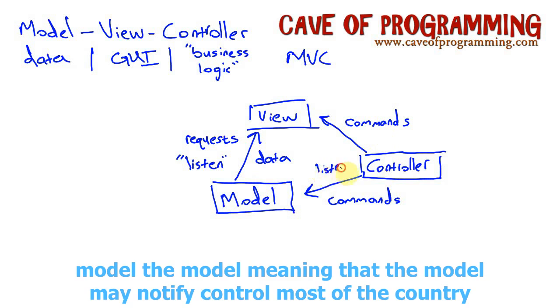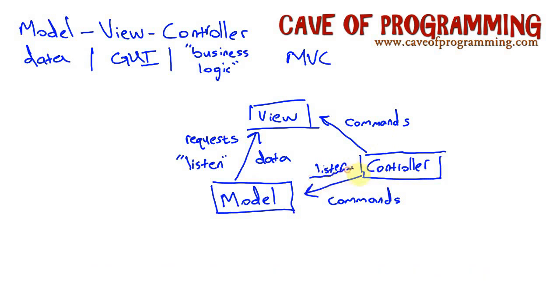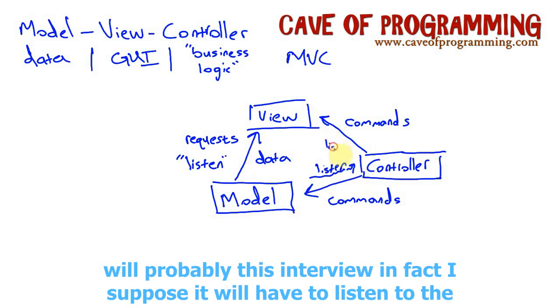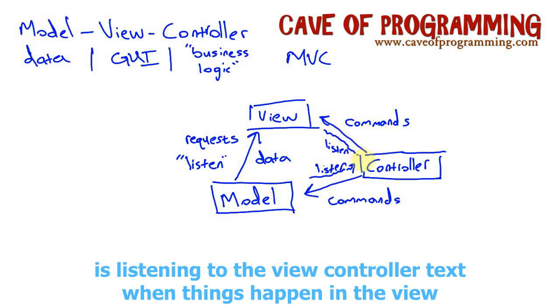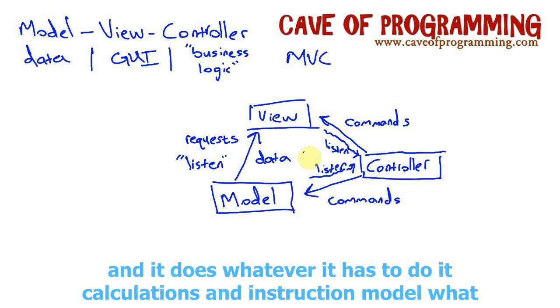So it may listen to the model, meaning that the model may notify the controller of stuff that's happening in it, and the controller will probably listen to the view. In fact, I suppose it will have to listen to the view, really, because otherwise how would it know what's going on? So the controller is listening to the view. The controller detects when things happen in the view, and it does whatever it has to do. It does calculations, and it then instructs the model what to do.